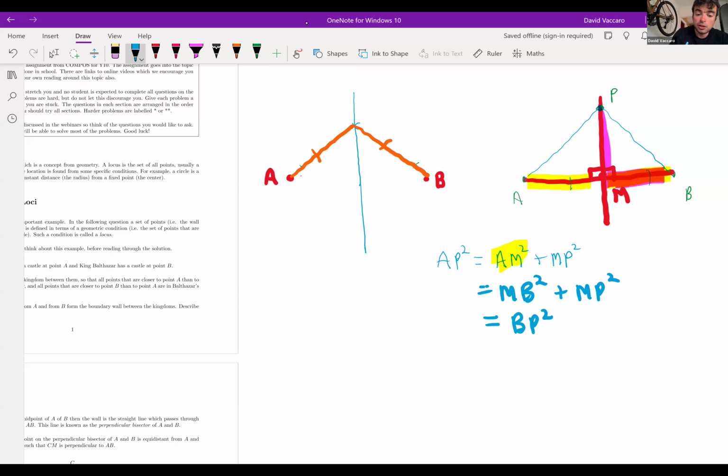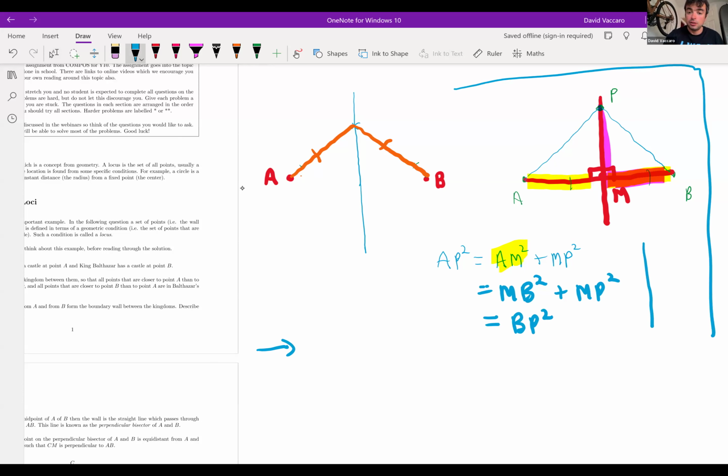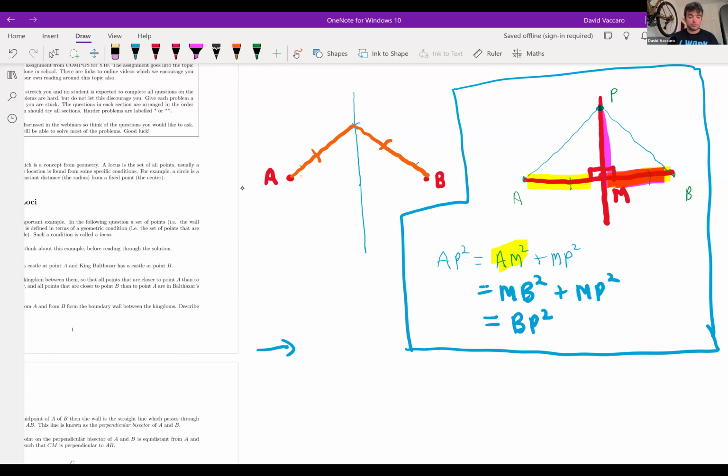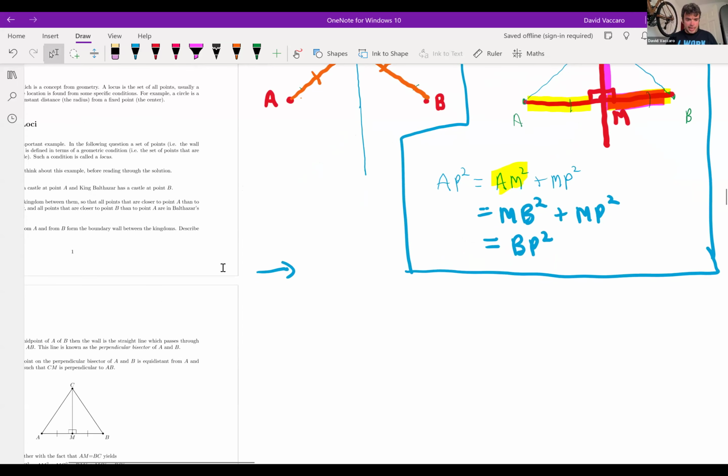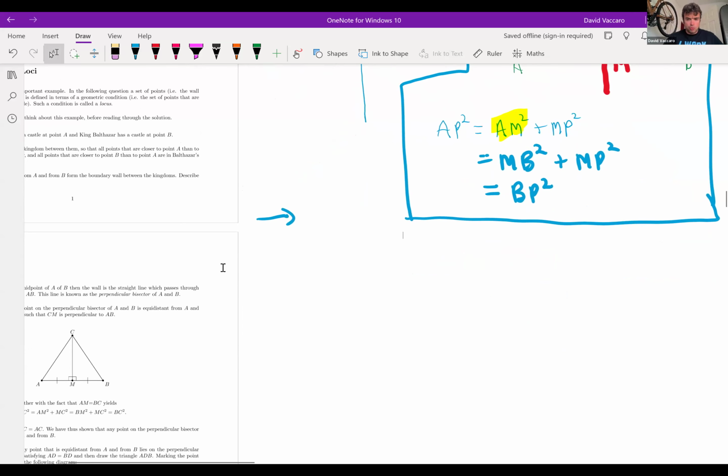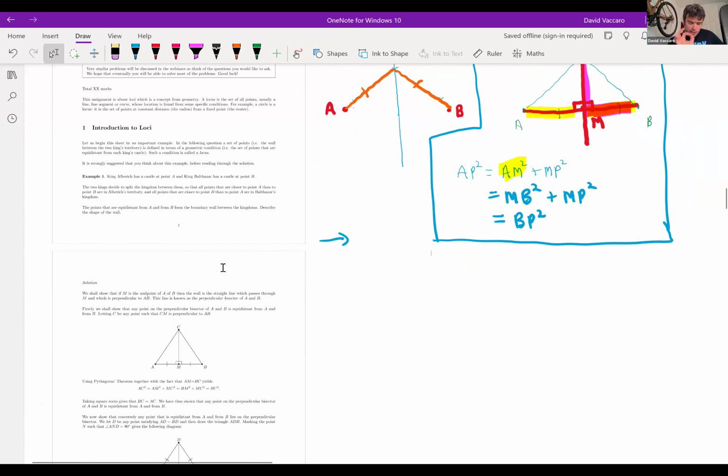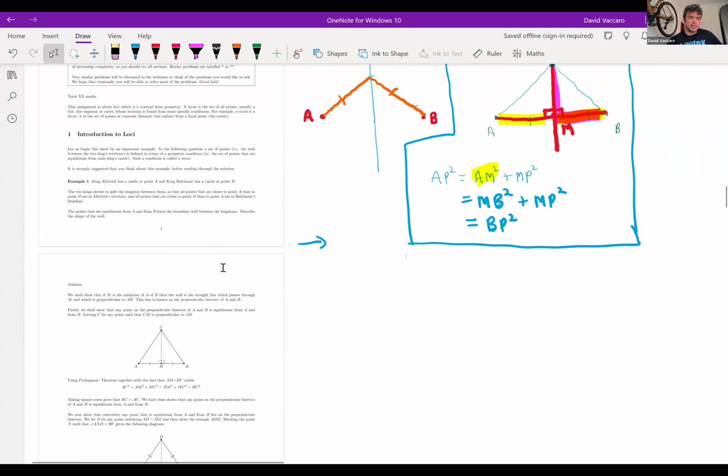So what this shows, well, actually, no, let me turn this to you. So this little argument here, this bit of geometry, can anybody tell me what this argument has shown logically?